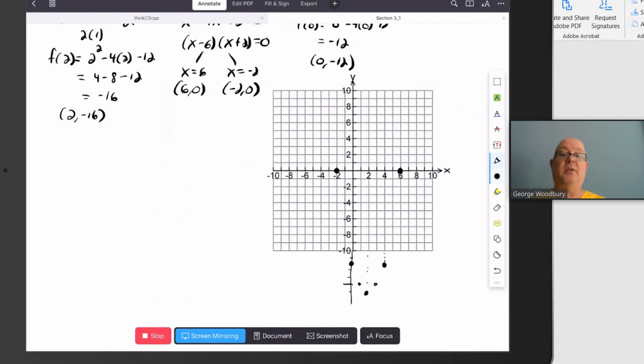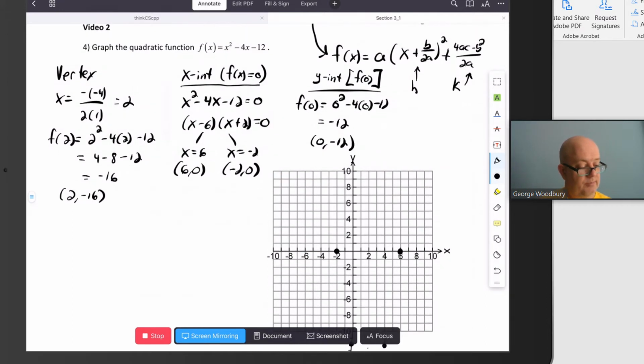Now that I've got a lot of points to help me make this a smooth curve, I could substitute maybe x equals 5, because I've got an x value here of 4, and then I've got another one over here at x equals 6. If I got one more point in between them, it might make it a little easier to connect that.